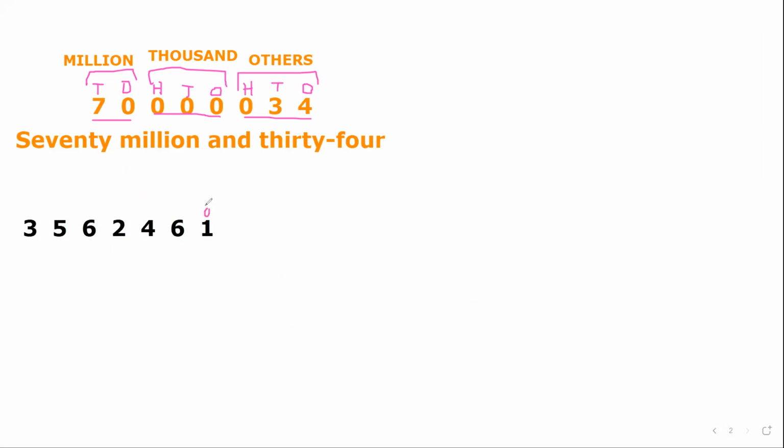We have the ones, tens, 100. Ones, tens, 100. And then ones. So here belongs to others, 1,000, and then million. Okay, here is a million, here is 1,000, and others. So we have the 3 under the million, the 562 under the thousands, 461 under the others.